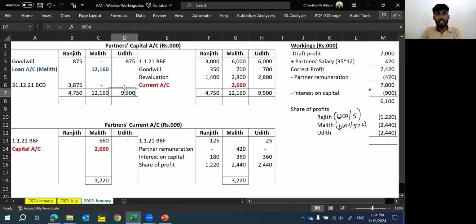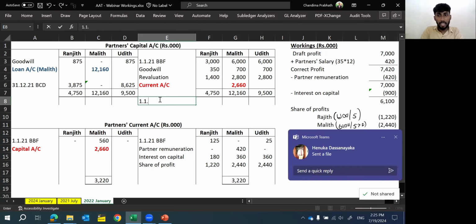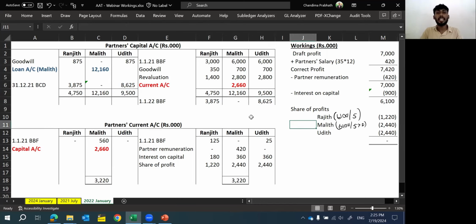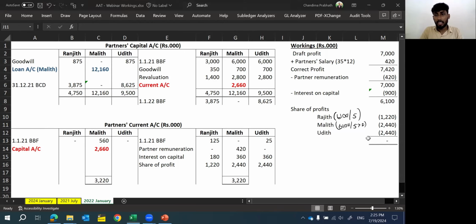And Udit's will be 8,625. So on 1st January 2022, balance brought forward: 3,875. For Malit it is 0. For Udit it is 8,625. Just tallying off the accounts.